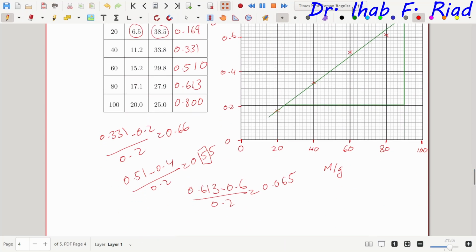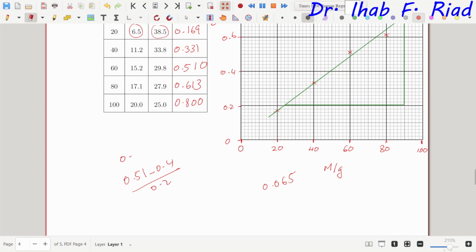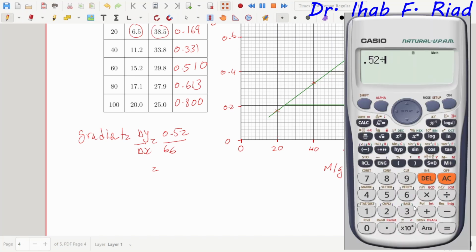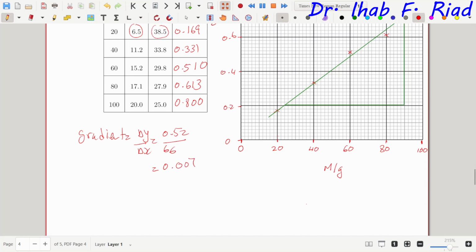So the gradient is equal to delta y divide delta x. It is going to be 0.52 divided by 66, which is 0.0078.